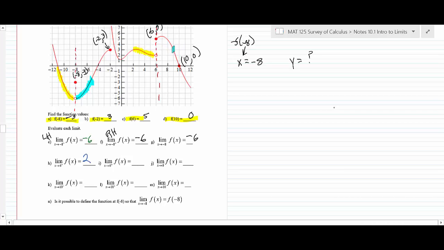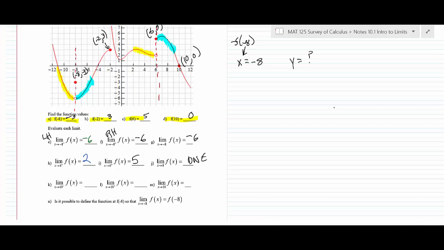Is it going to the same place or someplace different? It's going to 5. Good. So that's going to 5. What's the deal with the two-sided limit then? Doesn't exist because it goes to a different place. Everybody got that? Remember, the answer is a y value. It's whatever that y value is getting close to.